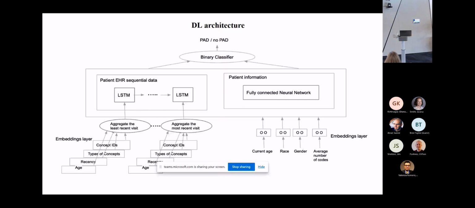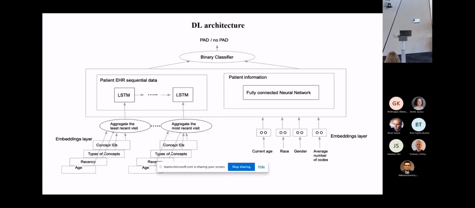We also modeled the patient information, for example the current age where we are doing the prediction, the race, the gender, and one of the features that we thought would be helpful was the average number of codes that the patient had over his history.